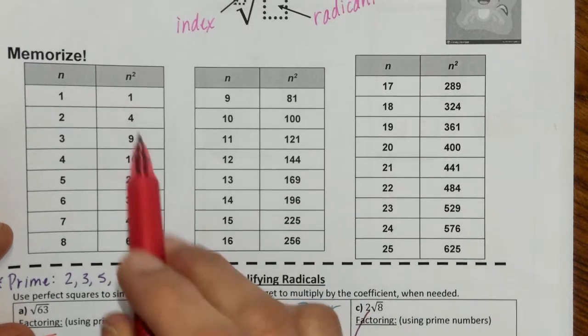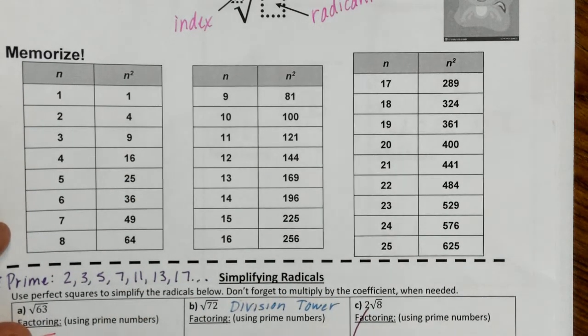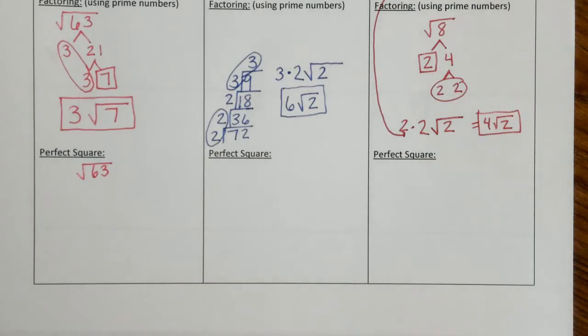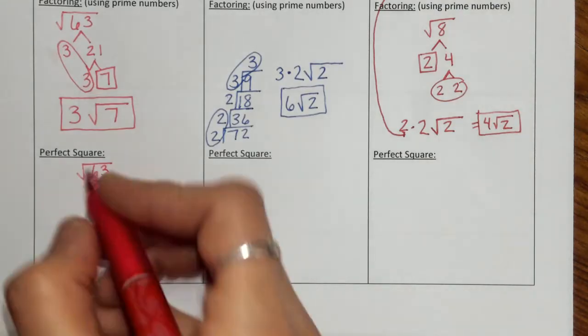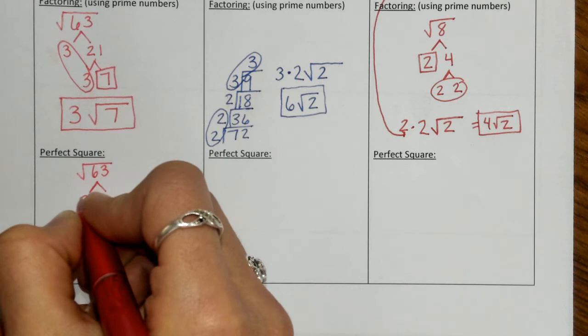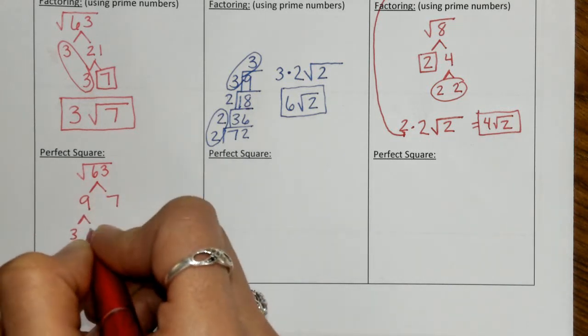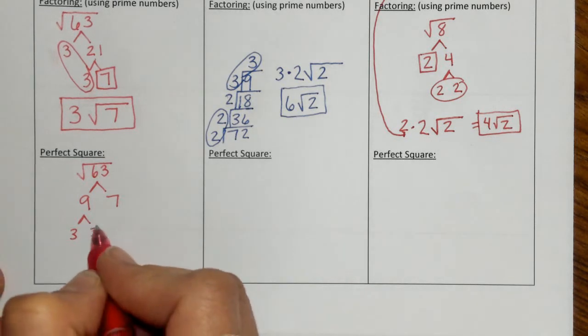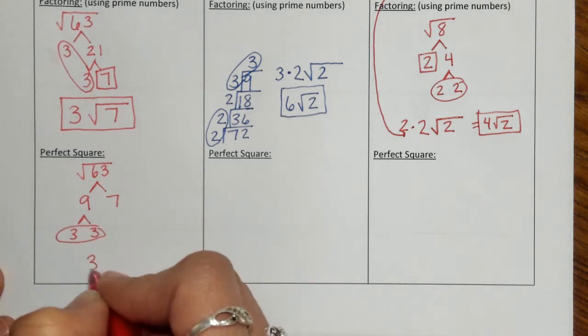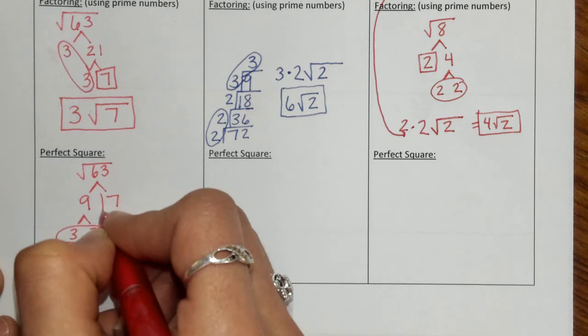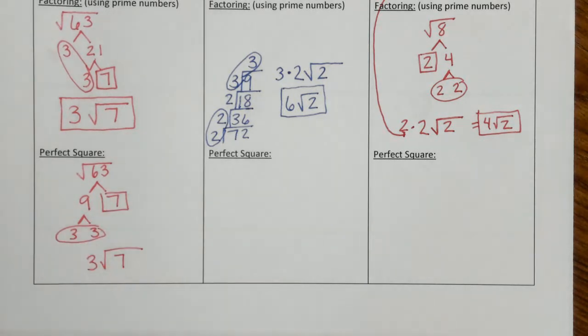So aim a little bit lower here. You could just divide by these perfect squares and figure out which one goes in. This one's going to be 9, which is a perfect square, and it would be 9 times 7. So then you could just break this down to 3 and 3. So again, here's your partner that goes outside the house, and here's the alone guy that goes inside the house.